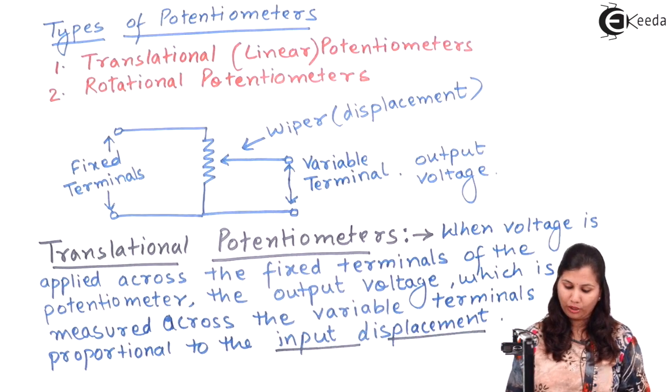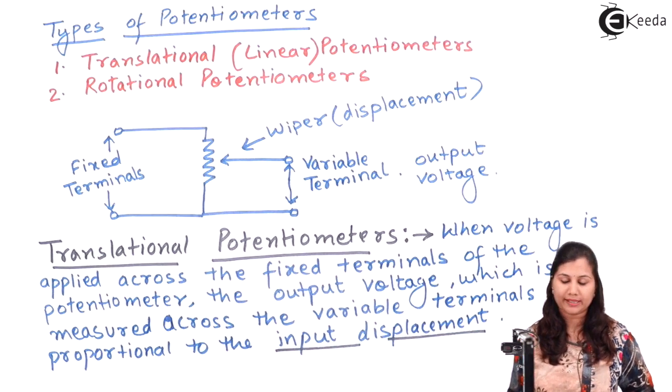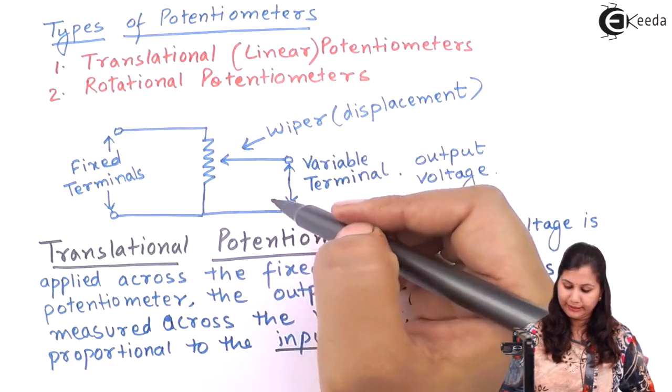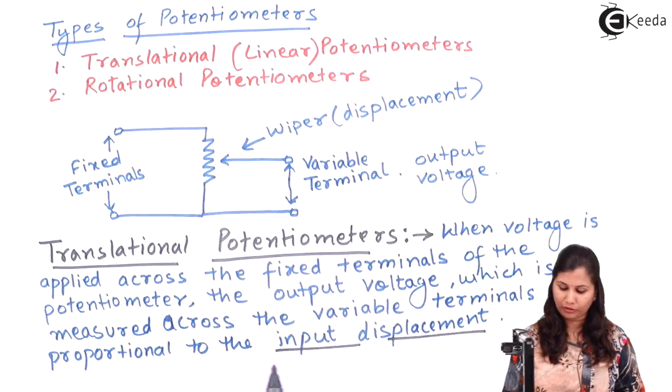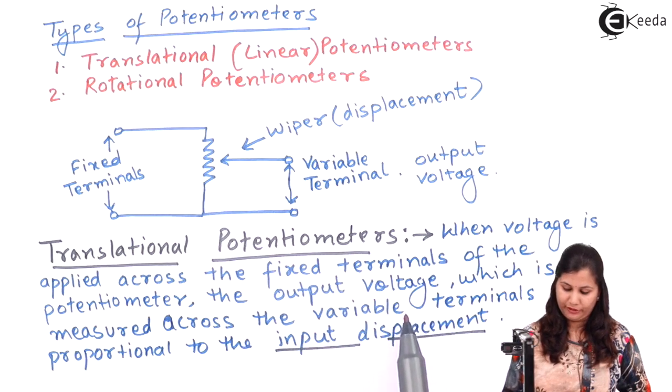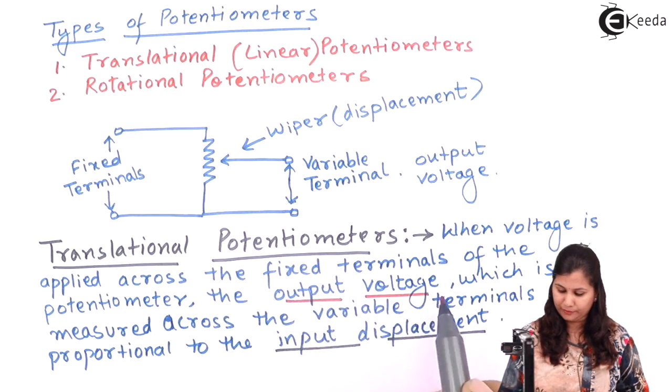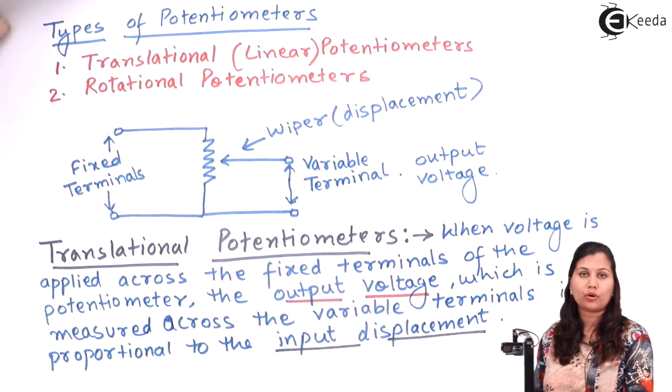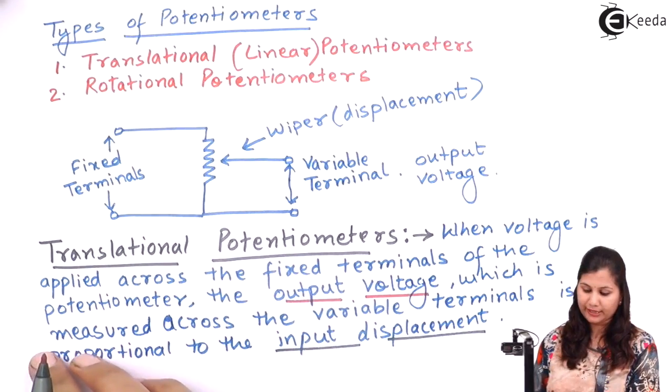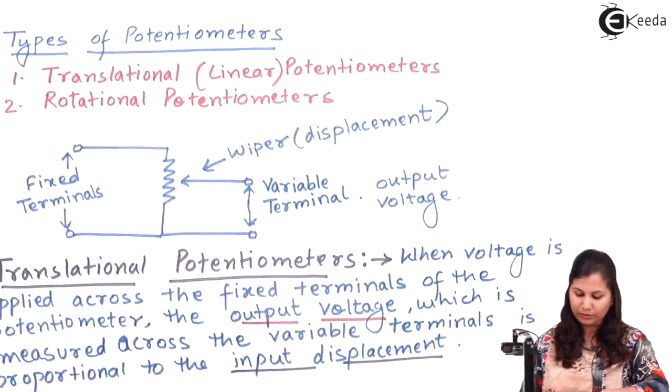Okay, so what the translational potentiometers are doing is converting the input displacement into the output voltage. Now if we draw the circuit for the translational potentiometers, it will be like this.